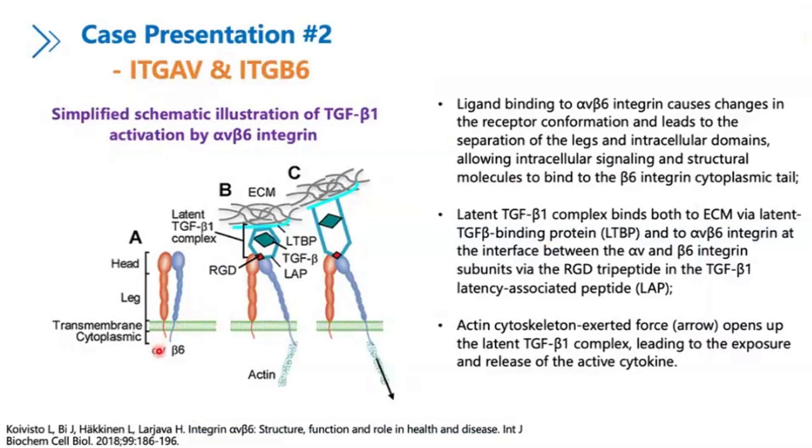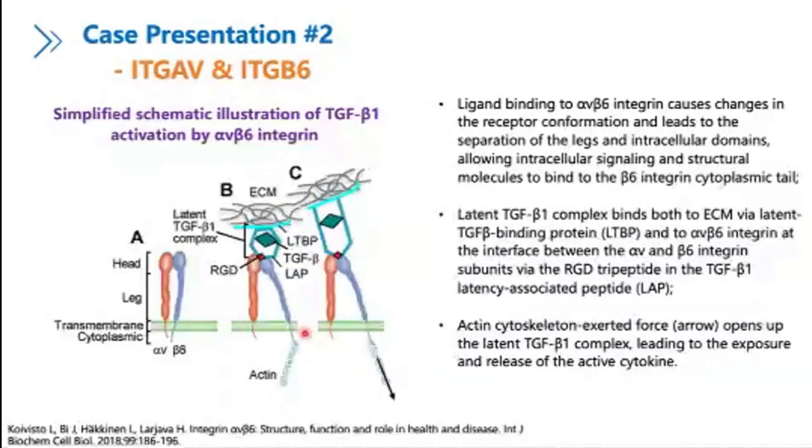This heterodimer is a receptor for fibronectin. You see that after it recognizes the RGD sequence in the ligand, an internalization happens here. Because of this internalization, it can promote cancer cell invasion.